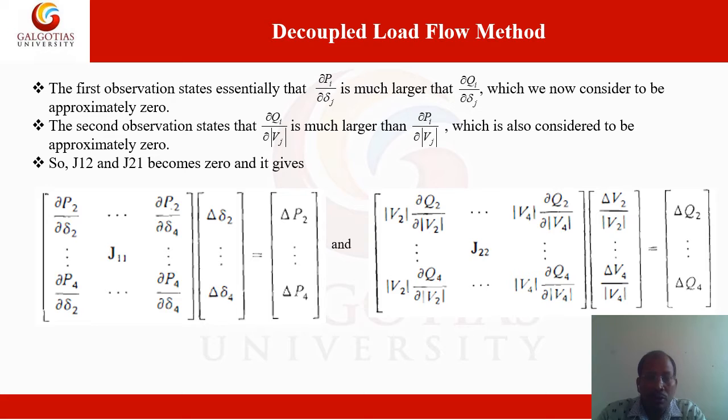So we only consider that the voltage angle depends on the active power. If the voltage angle changes, it is reflected in the real power change and does not change the reactive power, so we consider the reactive power change a constant value. Second observation: the reactive power change with respect to voltage magnitude is much larger than the real power change with respect to voltage magnitude. So here also we consider it to be 0.